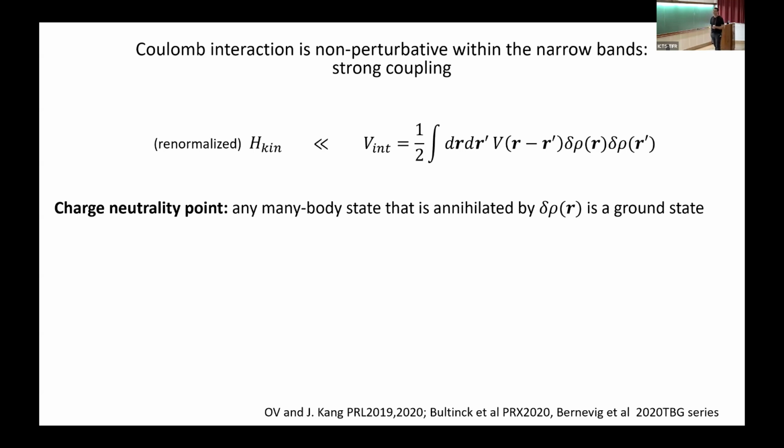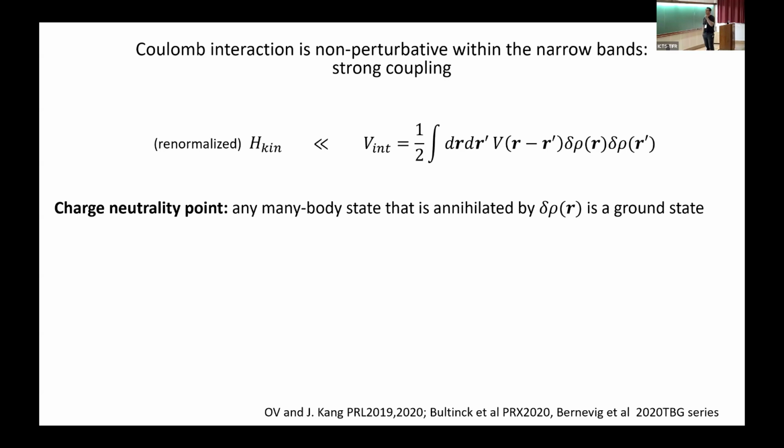And it turns out that this can be done at the charge neutrality point. The reason is that this is a positive semi-definite operator. If your interaction is repulsive, you can decompose it in various eigenmodes and show that if you find a state which is annihilated by a positive semi-definite operator, you have found the ground state.